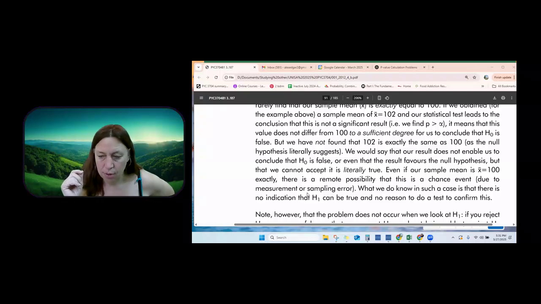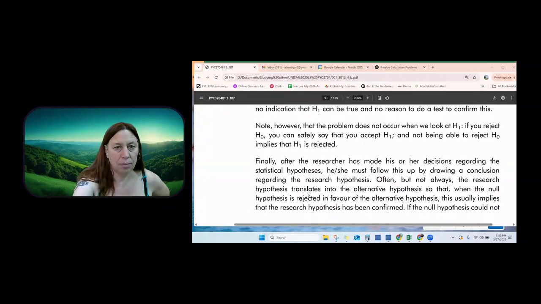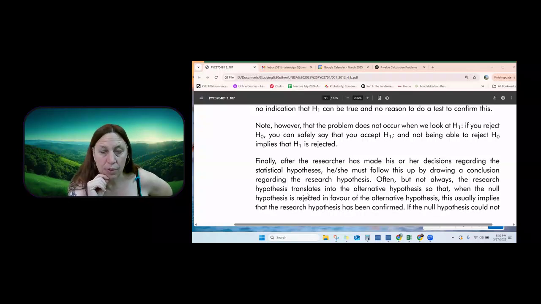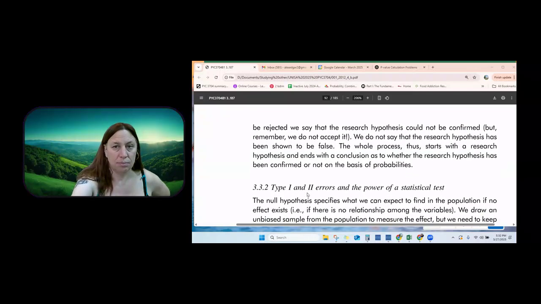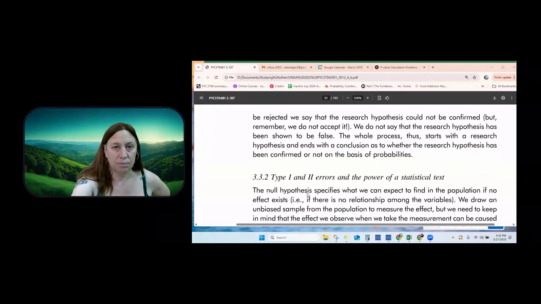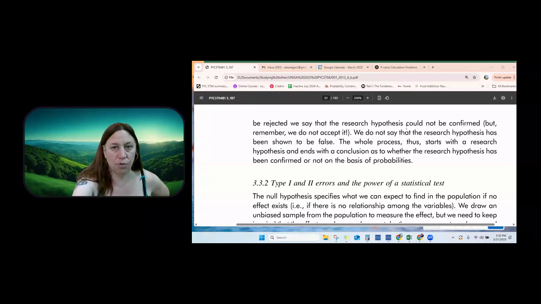We're just saying that there's an acceptable level of risk that we could be wrong. Okay. Now, when you're talking about your alternative hypothesis, you can say that you accept it or that you reject it, whereas the null hypothesis, you can only say rejected or not rejected. If the null hypothesis is not rejected, we can say that the research hypothesis could not be confirmed.